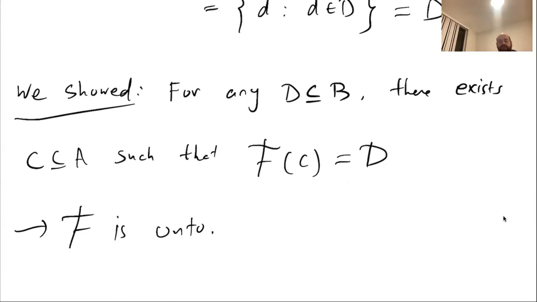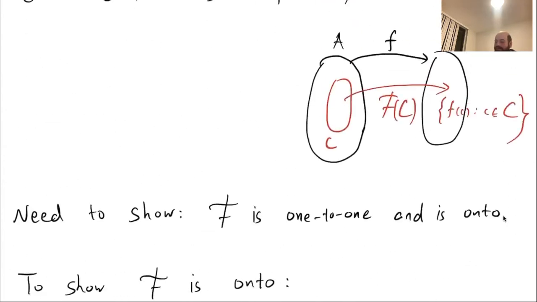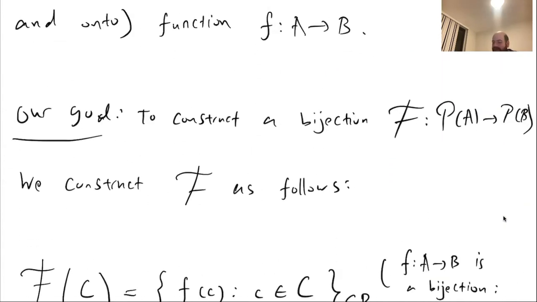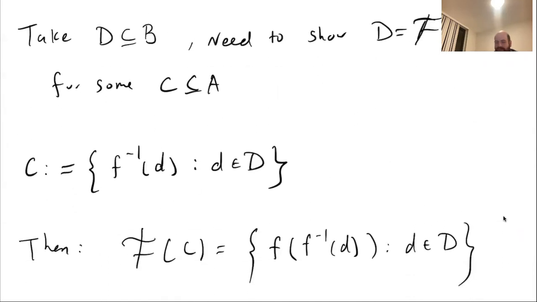The function is onto because any element that I consider inside codomain, what is the codomain here? Codomain is P of B. Any element of P of B means an arbitrary subset of B, since P of B is the set of all subsets of B. I called it D. For any arbitrary element inside codomain, I found one element inside domain.